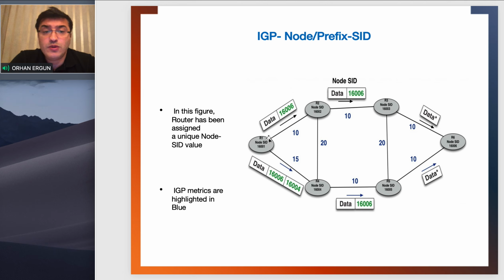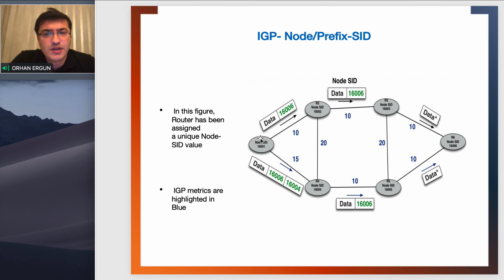But if we look at it, this path is the shortest path, guys, from the IGP cost point of view. This one is 10, 10, 10, 30. This one is probably the second best, and then maybe this combination is 30, etc. So this one is the top one.